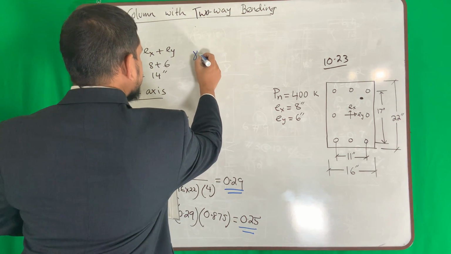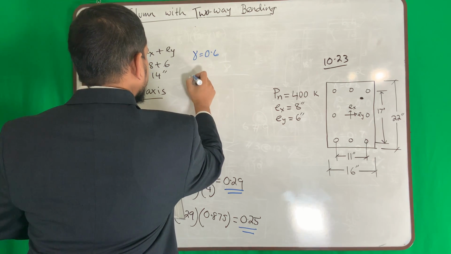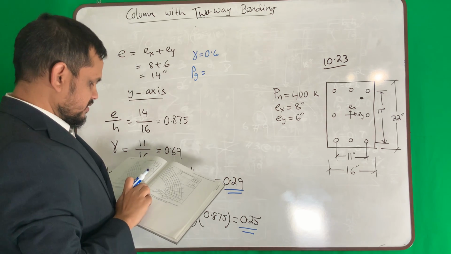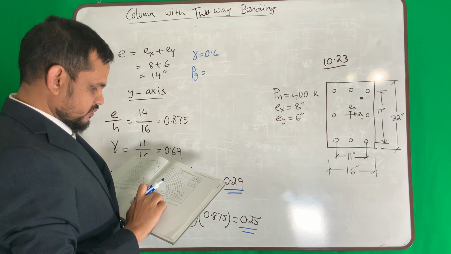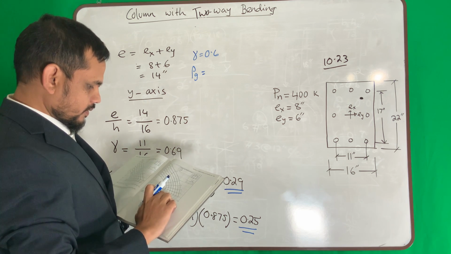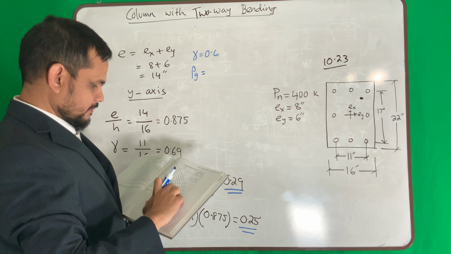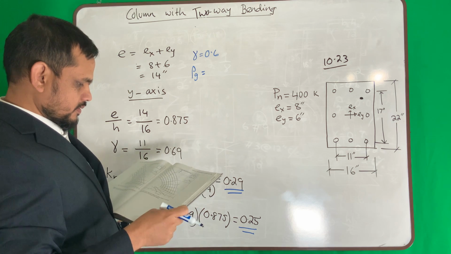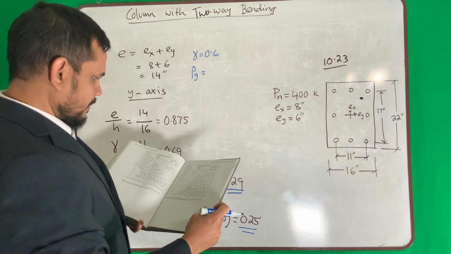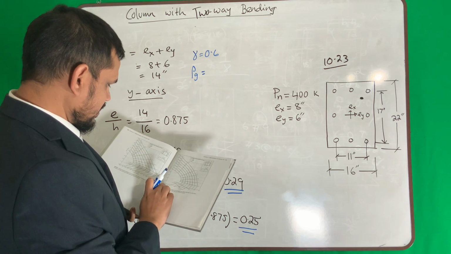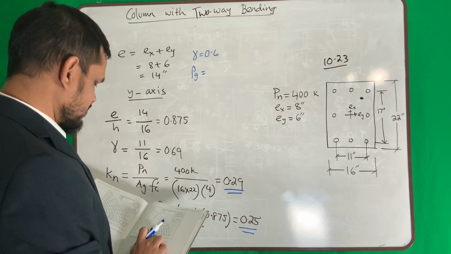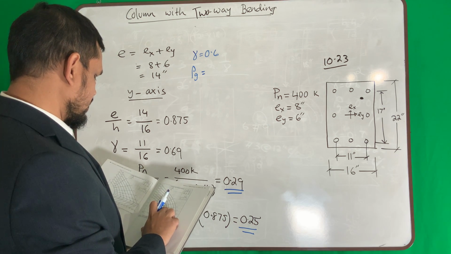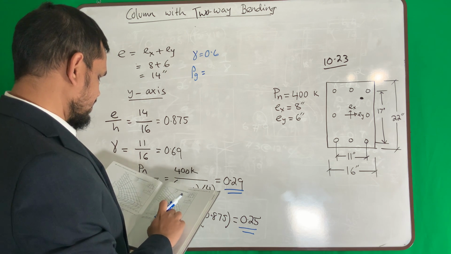So when my gamma is 0.6, my rho g is how much? So Kn is 0.29 and Rn is 0.25. Again, Rn is 0.25, and Kn 0.29, that is at the middle.